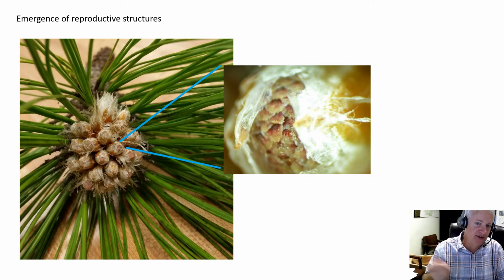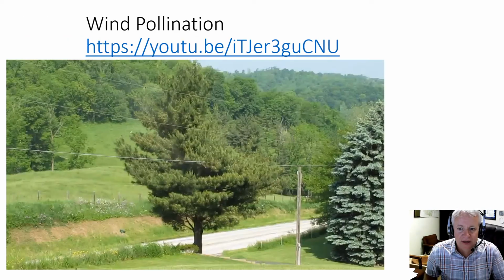So emergence of those reproductive structures, those might be true flowers in angiosperms or the male and female strobili in conifers, in pine. The next step in reproduction is pollination.